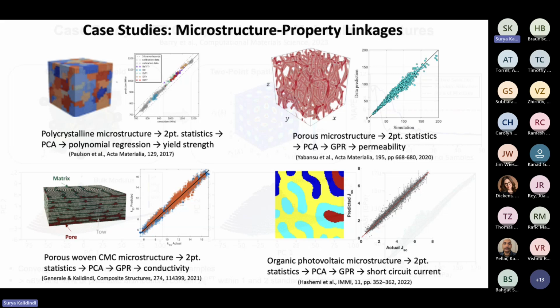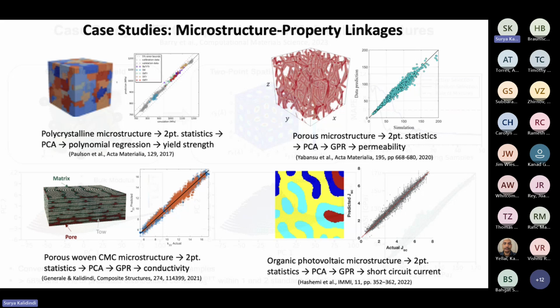So the case studies are examples of applying these emulators. In each case there is a fairly sophisticated, expensive physics-based model. And what I'm showing there is that there's a general framework I can apply to all kinds of different physics-based models.